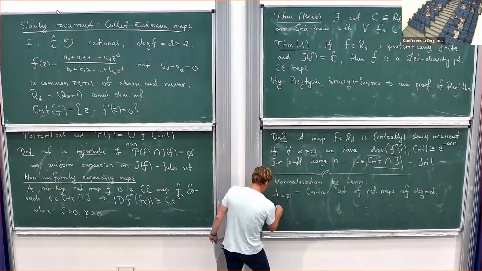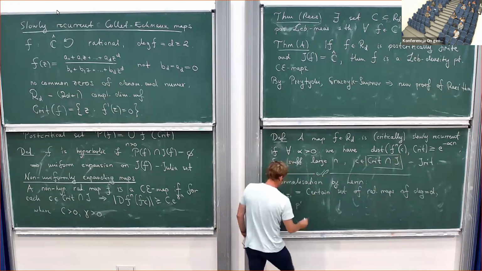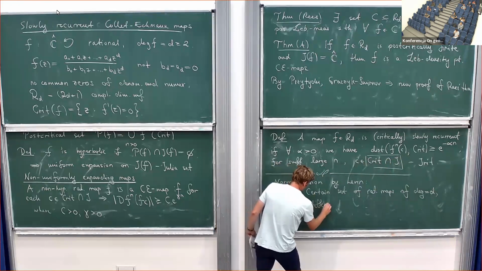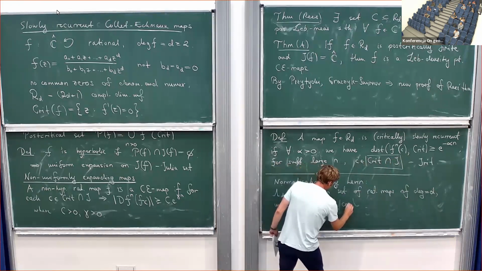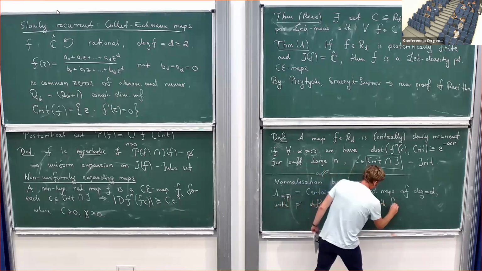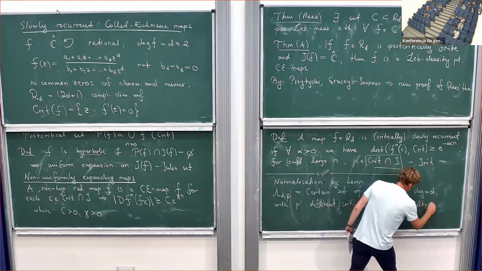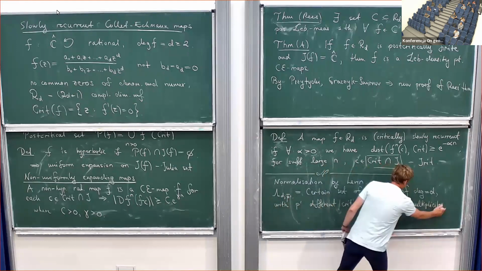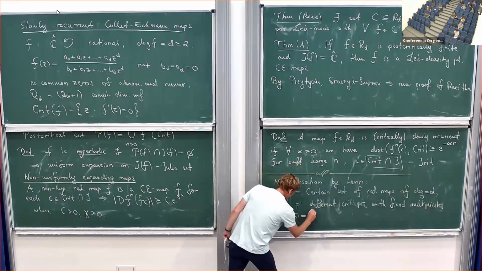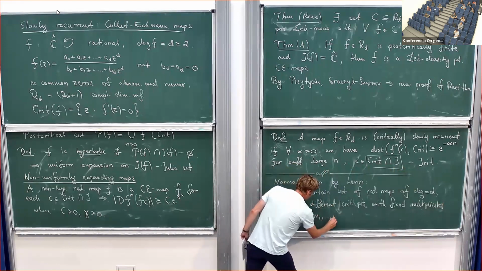So with p prime different critical points, with fixed multiplicities. This is the vector p prime bars, that's the list of multiplicities m1 to m p prime.